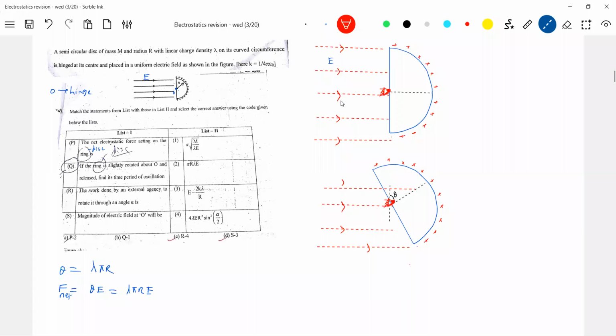Why? Nothing wrong, but can you give the reason why? So the Y components get cancelled now, sir. Let me finish off this part and I'll come here.